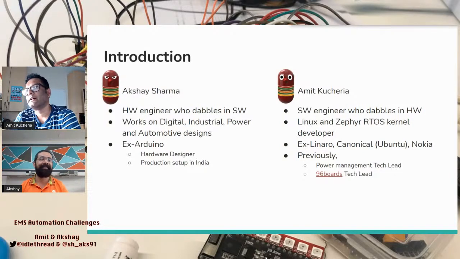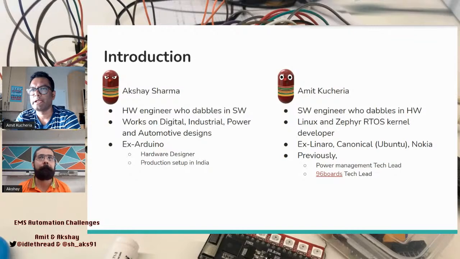But I was tech lead for the 96Boards effort at Linaro. And one of the things we found there is there's a lot of great ideas. People have good designs, but if you want to do prototyping at small prototype volumes, it's extremely hard.